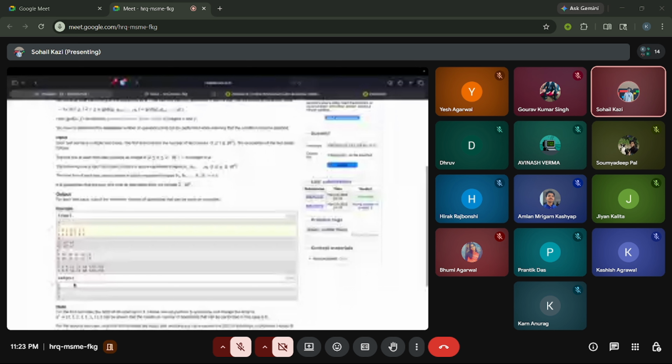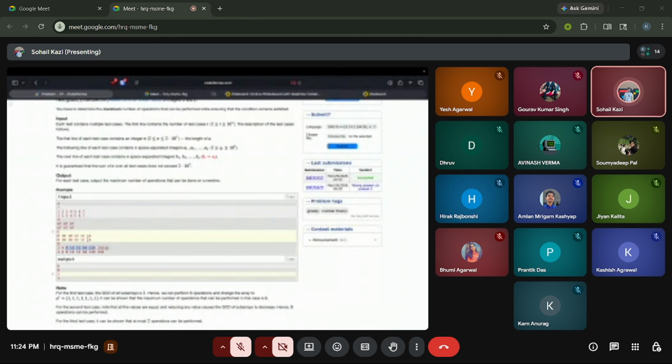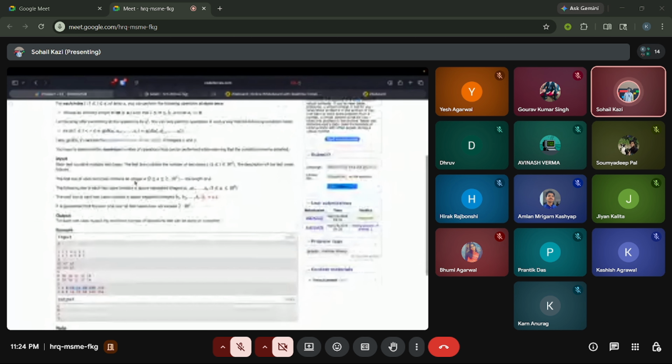So for example, if we take 4 and 8, if we take just this subarray, the GCD here is 4, right? So if we modify any of the elements, the GCD of this subarray should always be the same. It should always be 4. Similarly, for all possible subarrays of this array, the GCD should not change, right? This is the constraint of the problem.